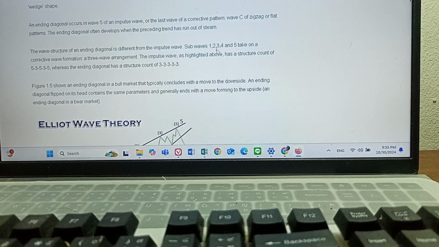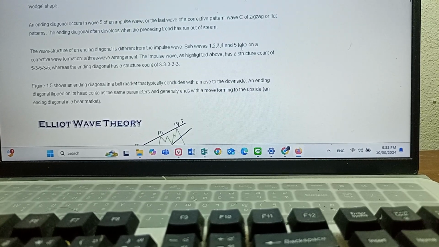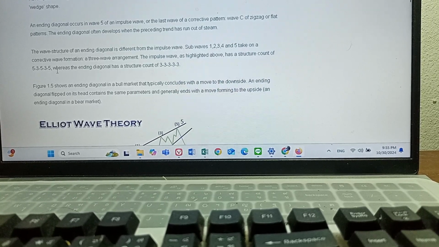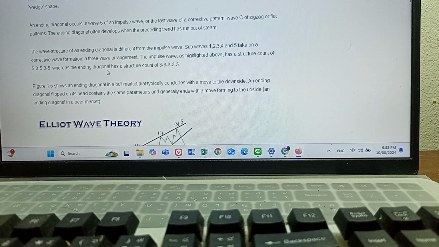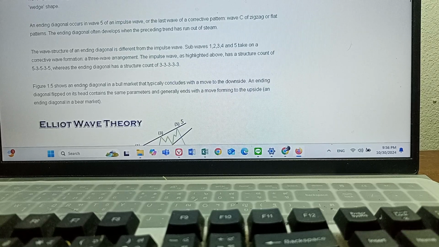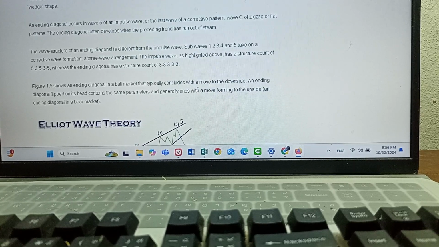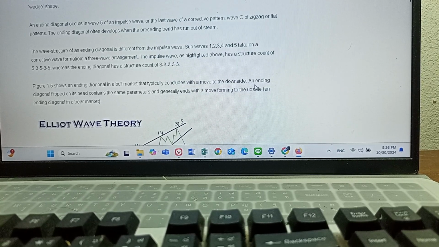Subwaves 1, 2, 3, 4, and 5 take on a corrective wave formation, a 3-wave arrangement. The impulse wave, as highlighted above, has a structure count of 5-3-5-3-5, whereas the ending diagonal has a structure of 3-3-3-3-3. Figure 1.5 shows an ending diagonal in the bull market.